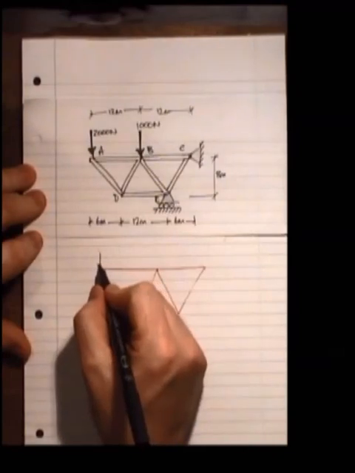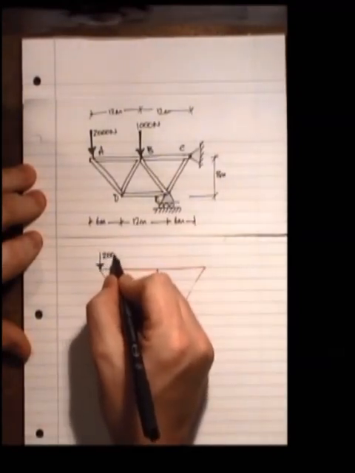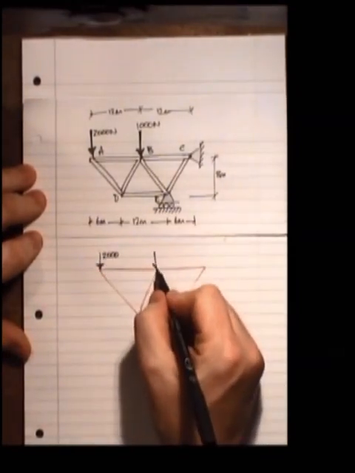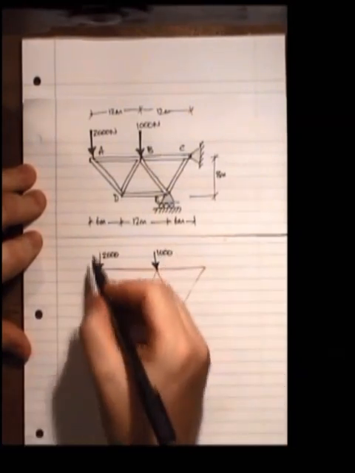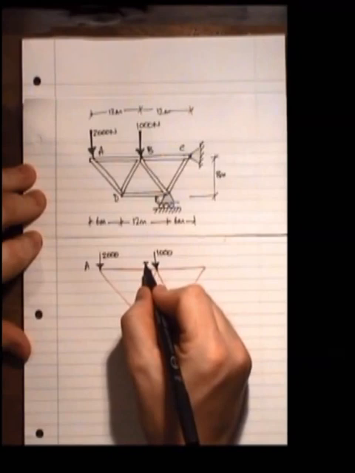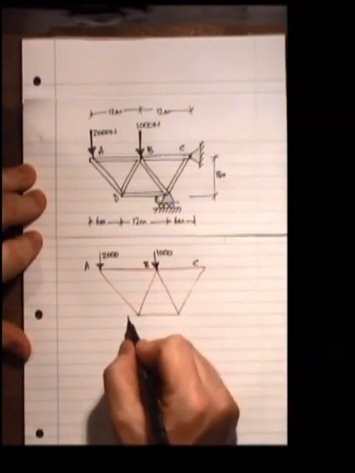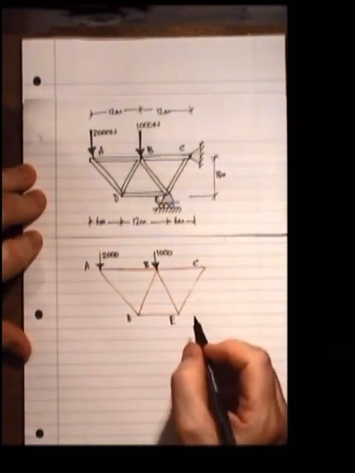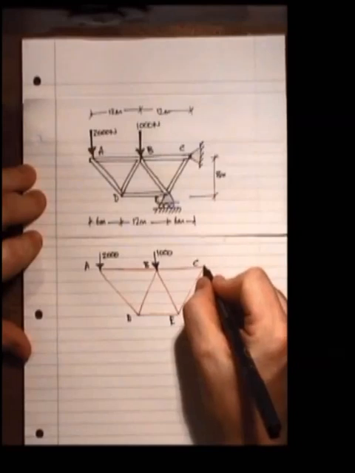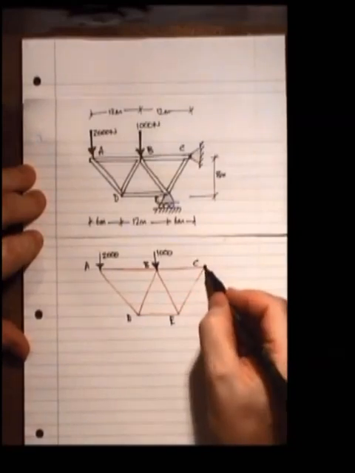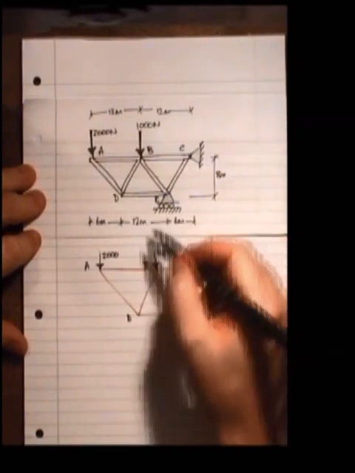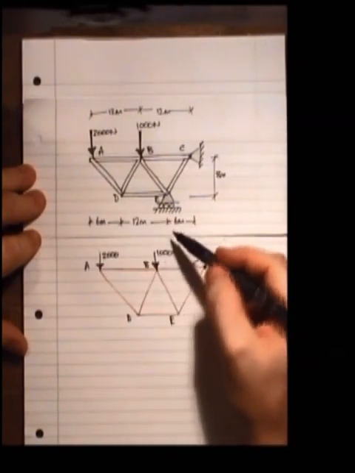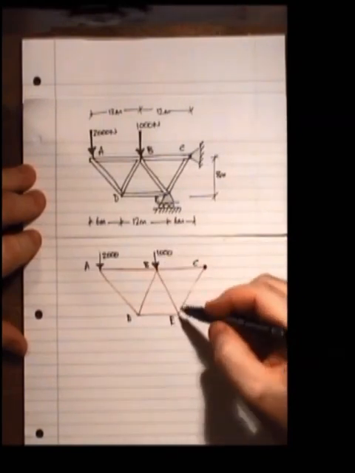So I've got 2000 as a definite, got 1000, that's A, B, C, D and E. Now if I was holding down at point C and I was imagining these two forces are rotating this truss, it will go around anti-clockwise.